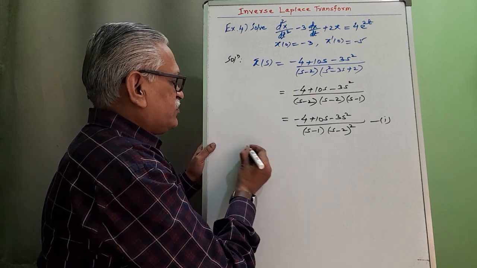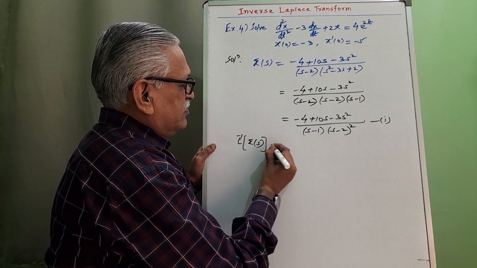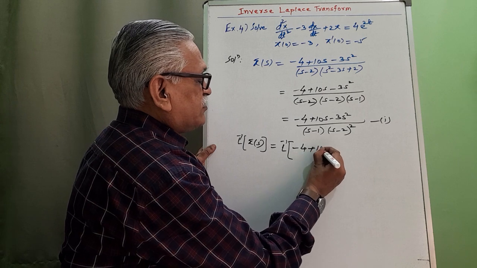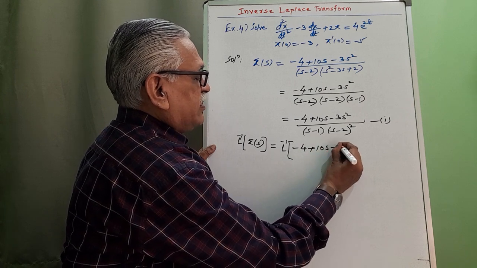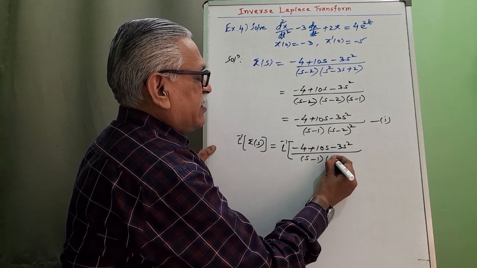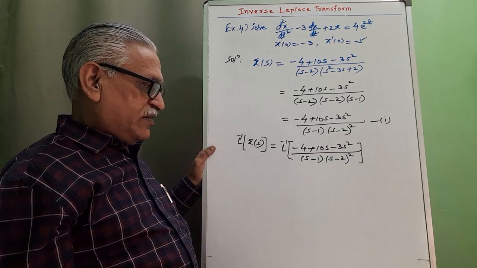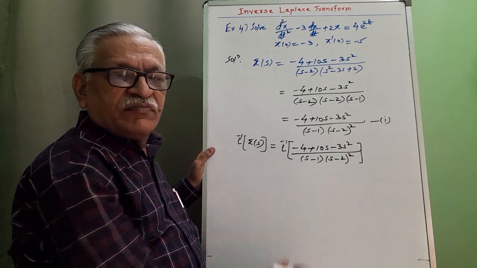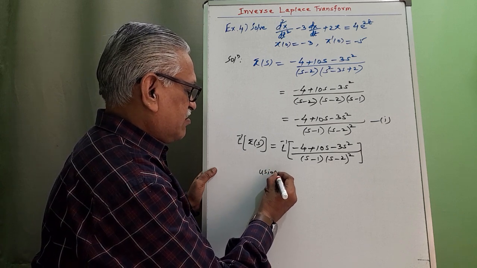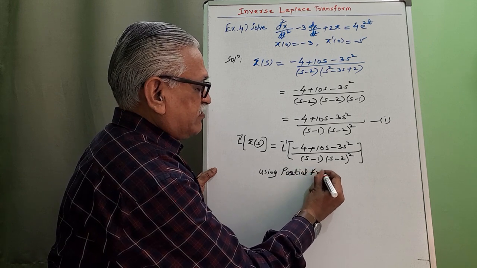Therefore, taking inverse, we get inverse of x bar of s is equal to inverse Laplace of minus 4 plus 10s minus 3s square whole divided by s minus 1 and s minus 2 whole square. Finding the inverse by the partial fraction technique.